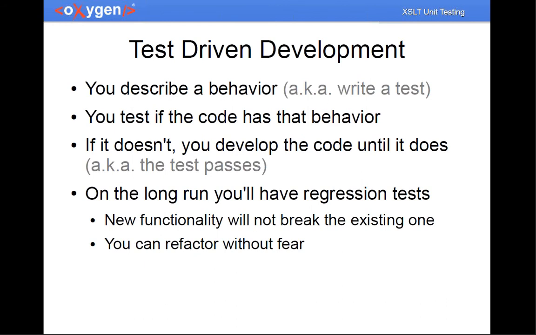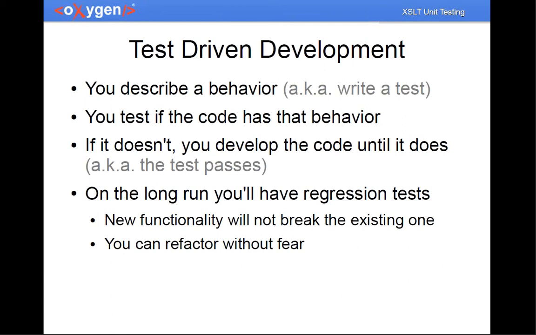Now, test-driven development is a software development process that can also be applied to XSLT. In it, you begin by describing a behavior, which means writing a test. After that, you test if your code has this particular behavior.